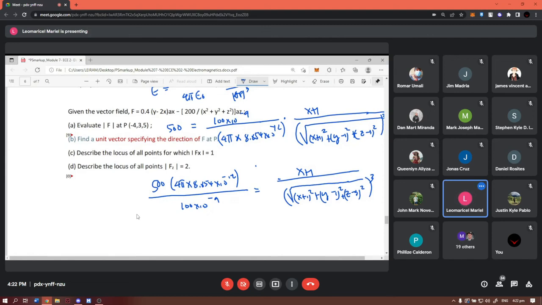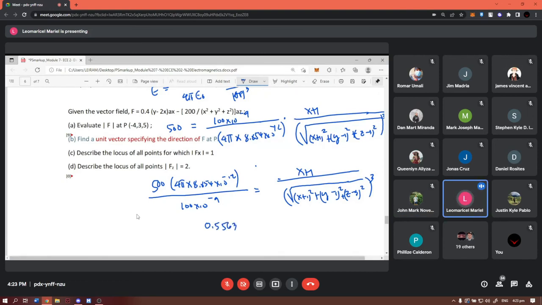Ano yung sagot? 0.35 ba? Parang 0.54 po yata. Okay, ang sagot kasi ay 0.56. Carl? 0.5563. Okay. Ang sagot kasi 0.56.